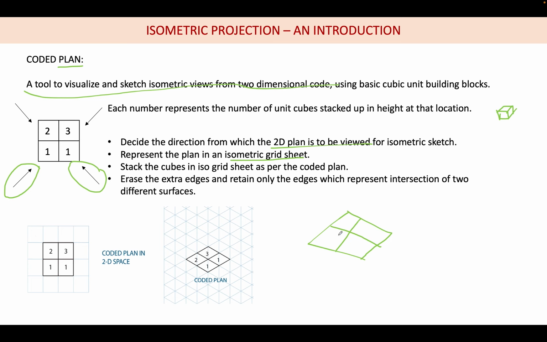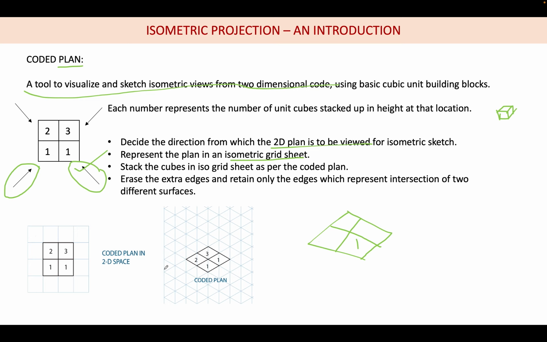Can anybody say what will come here in this space if you are looking from this direction? Which number? Yes, 1. Then from here what will come? Which is to the left side of 1? Is it 1 or 2?